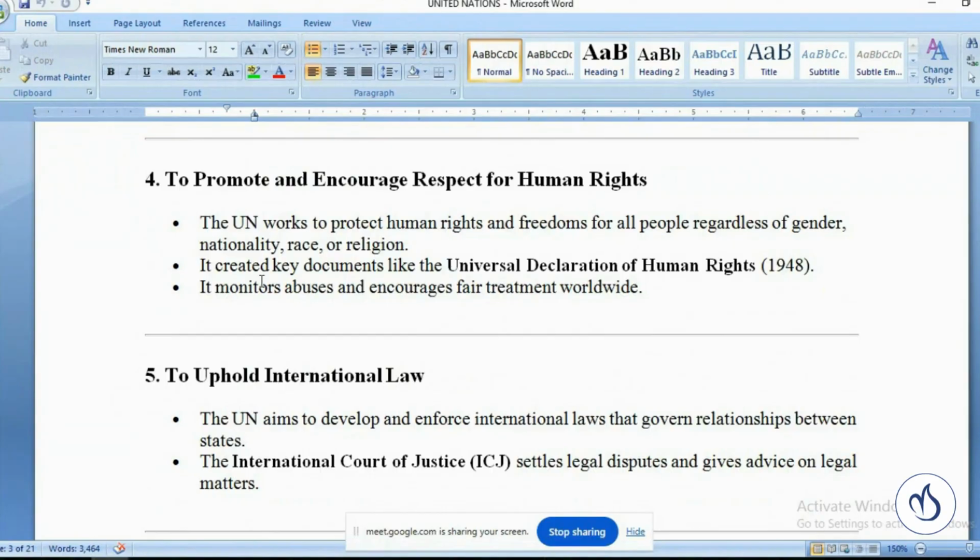And it operates this under the Universal Declaration of Human Rights. This was initiated in 1948 to make sure that human rights are protected, to monitor abuse and encourage fair treatment worldwide, regardless of tribe, regardless of religion.